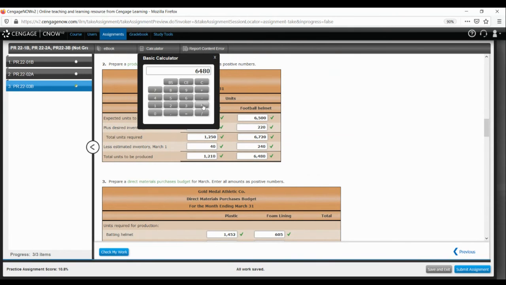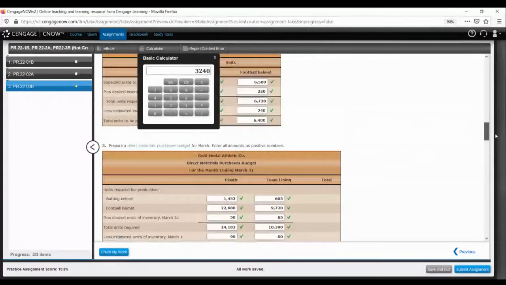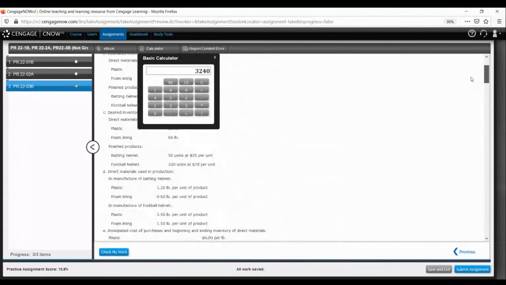And we're going to multiply that by half an hour. And that's going to give us 3,240 for the football helmets in the molding department.